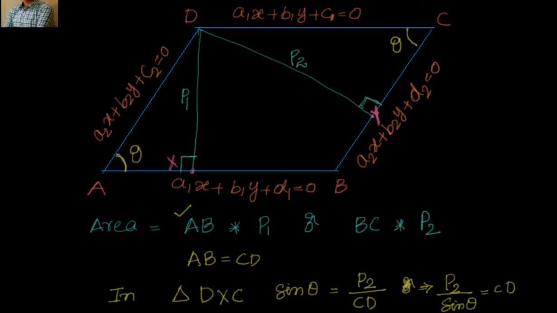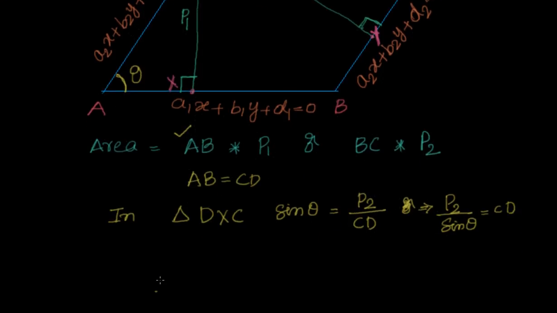We also know CD equal to AB. Therefore, area is equal to AB, or nothing but CD, into P1, which is nothing but equal to P1 into P2 by sine theta.